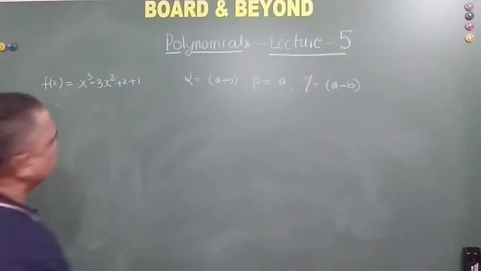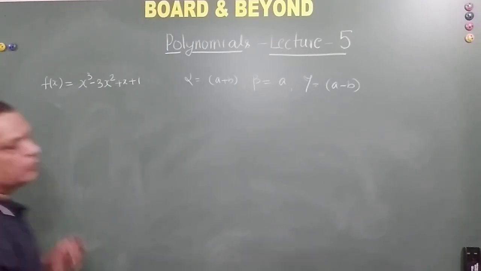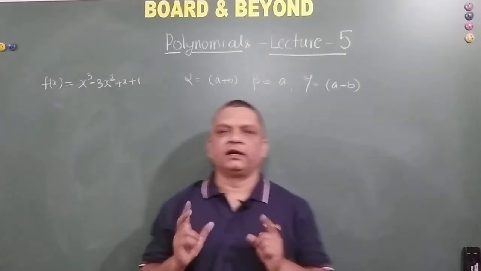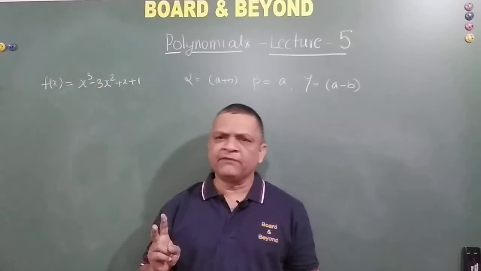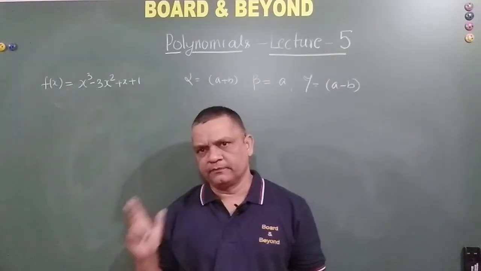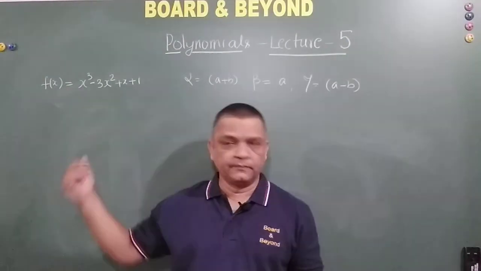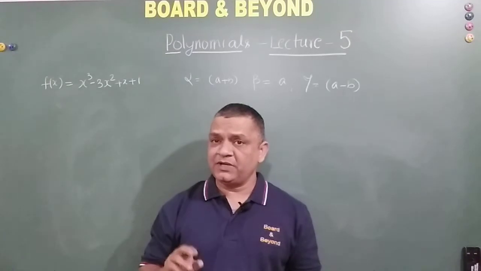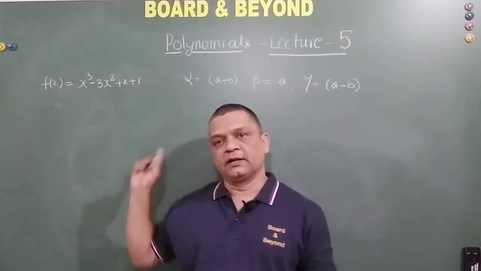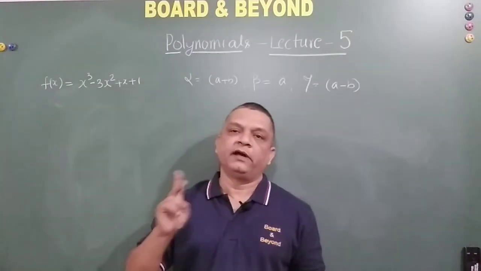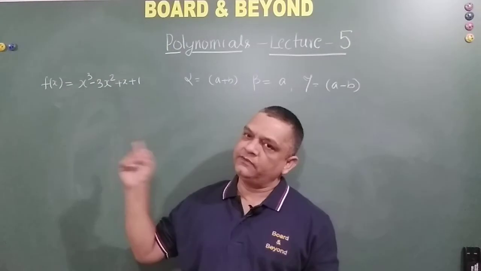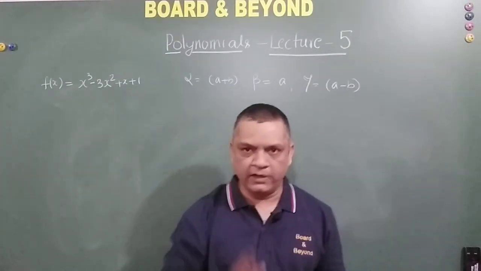So how do we do this? Now we know, friends, three relations. Alpha plus beta plus gamma in terms of coefficients. Alpha beta plus beta gamma plus alpha gamma in terms of coefficients, and alpha into beta into gamma in terms of coefficients. We already know these three things.